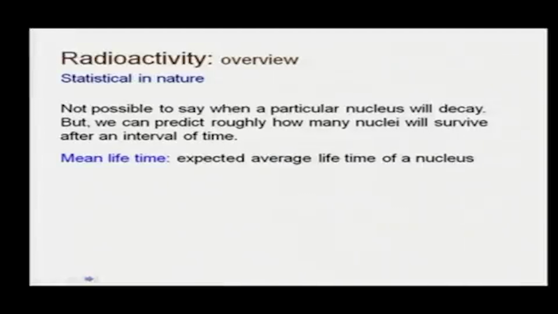We can also define what is called the mean lifetime, which is essentially the average lifetime of the nucleus, defined as tau, which is equal to the integral from 0 to infinity of t dN by dt, the rate at which it will decay times the time t, divided by the integral from 0 to infinity of dN by dt dt.